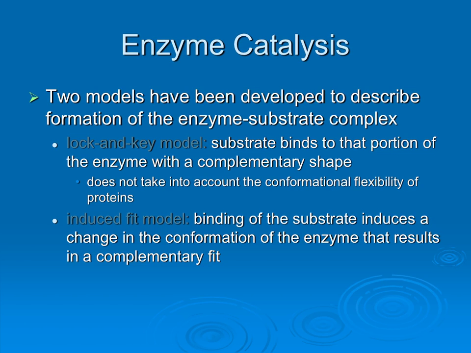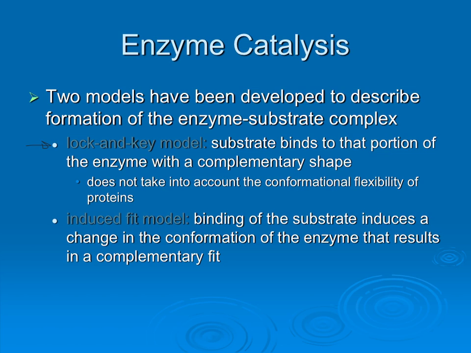We've talked about this a little in the past: the two extreme models for enzyme catalysis. One is called the lock and key, which has been disproven because it doesn't take the actual complementarity into account. I'll explain this even better later when we look at models.